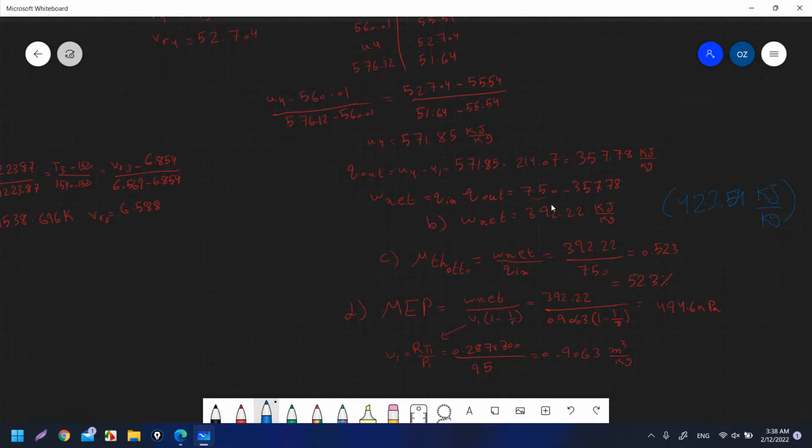The mean effective pressure for the constant was 534.09. The thermal efficiency was 56.4%.